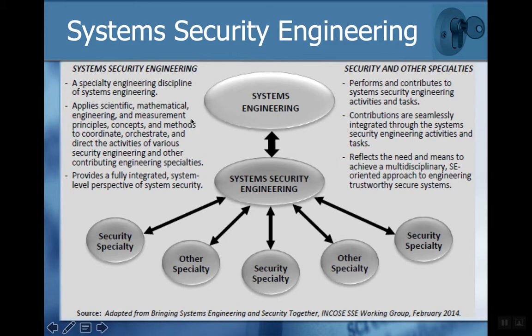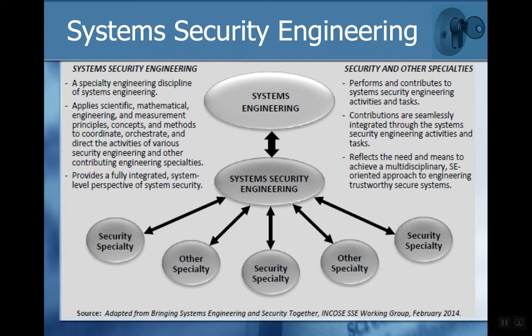All right. So this idea of a security architecture is really a subset of a broader idea of systems architecture and systems engineering, of which information systems security architecture is a subset. As we describe it here, system security engineering is a specialty engineering discipline of systems engineering, right?